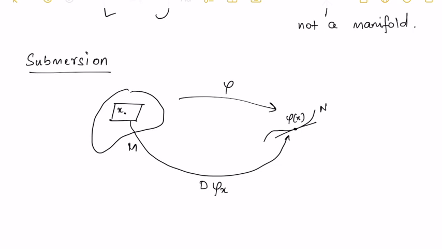So we go from manifold M to N. Here we want M to be greater than or equal to N, right?